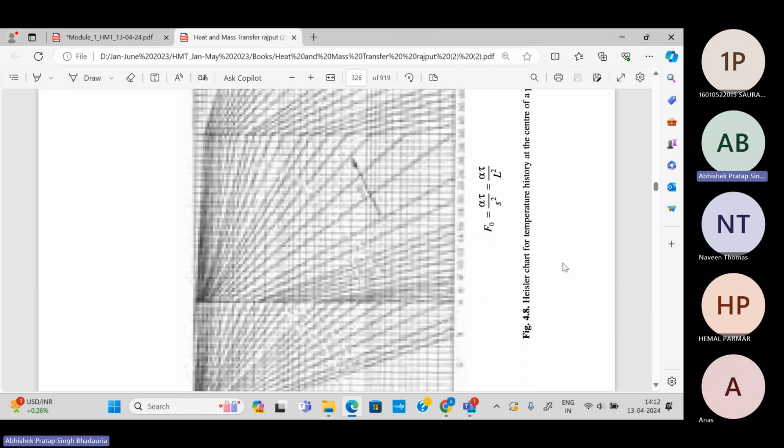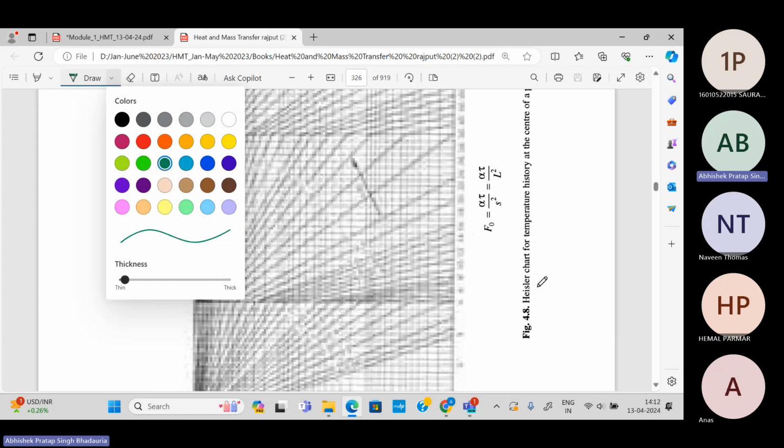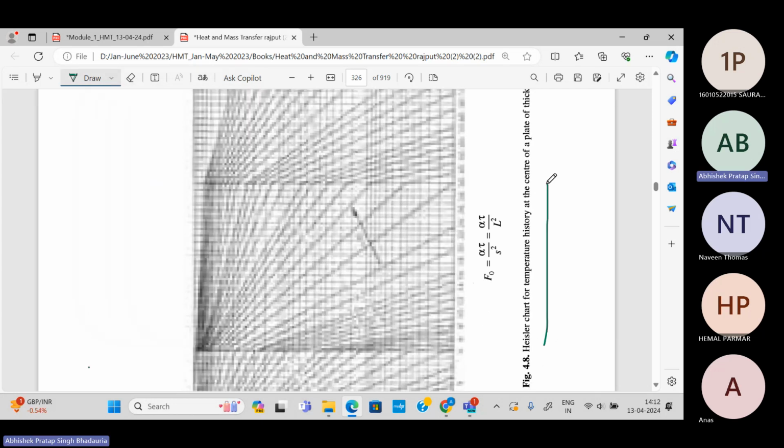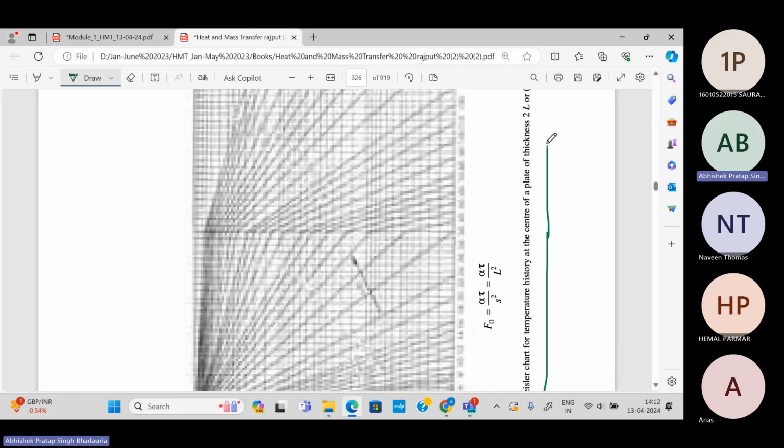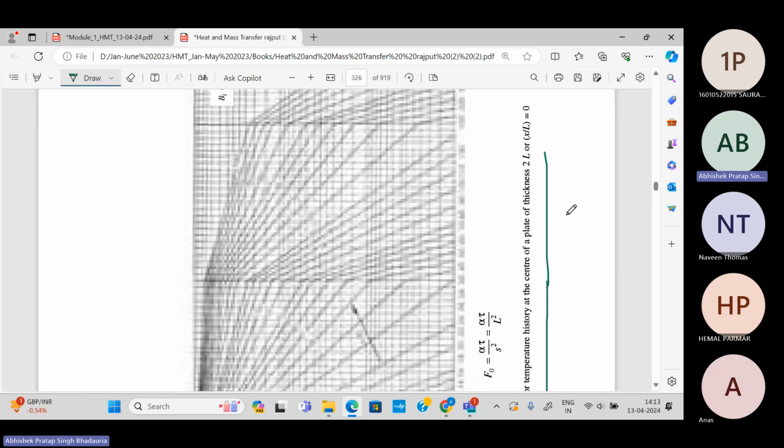Since this is a problem on a plate, we will use the Heisler chart for the temperature history at the center of a plate having thickness 2L. I've already told you, if we have to find the center line temperature or the temperature at the mid plane, then we use the Heisler chart for that particular geometry.